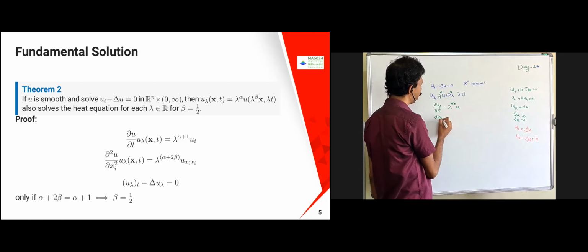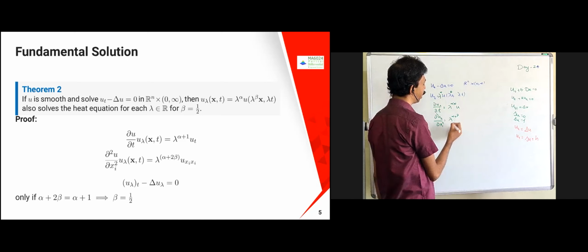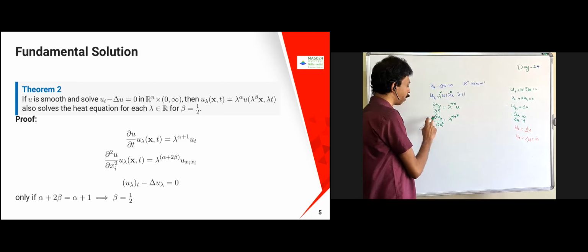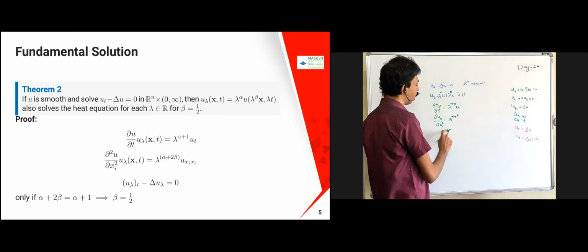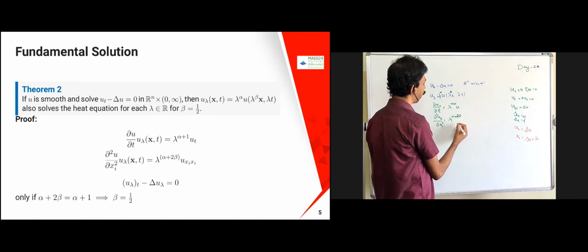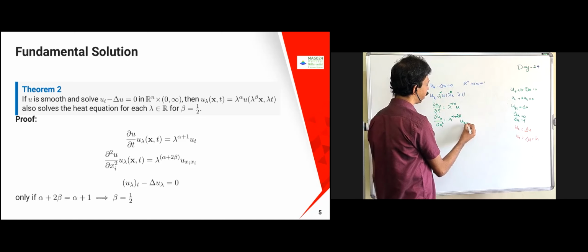And dou u lambda by dou xi square, if I calculate: lambda power alpha comes out, so lambda power alpha plus beta comes if I differentiate one time. One more time I have to differentiate, therefore this is going to become like 2 beta into uxx of xi is going to come.